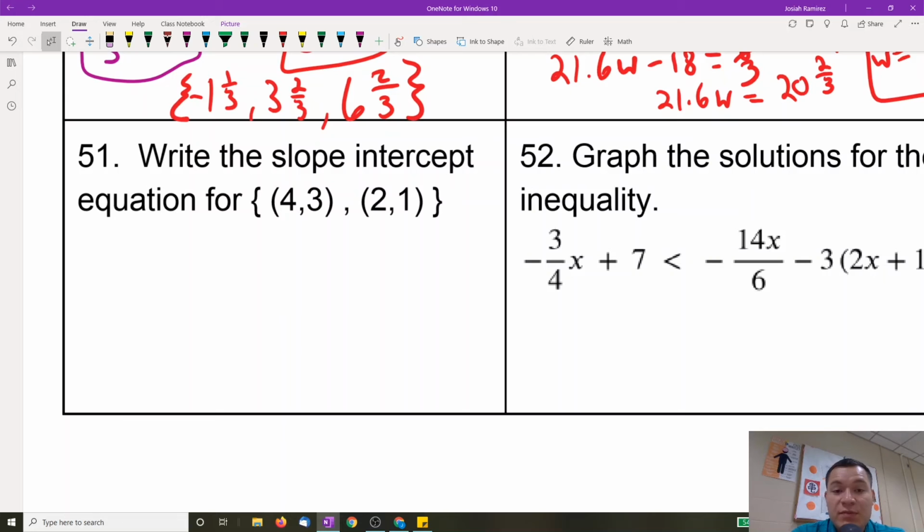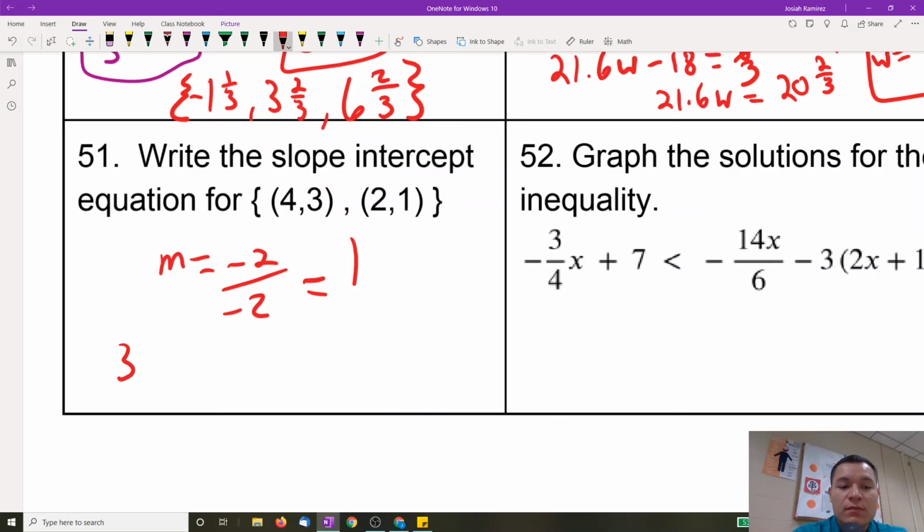For the slope-intercept equation, you'll find the slope. Then you'll find b.